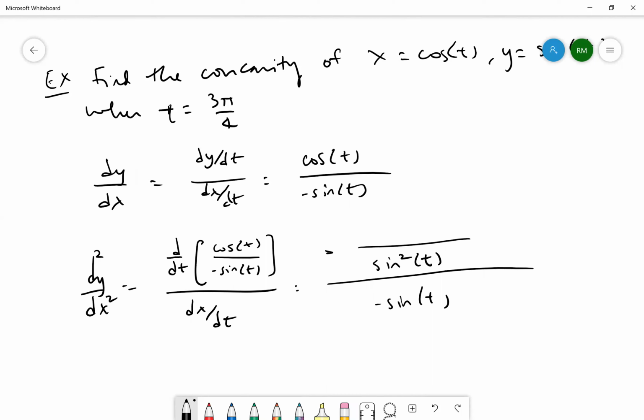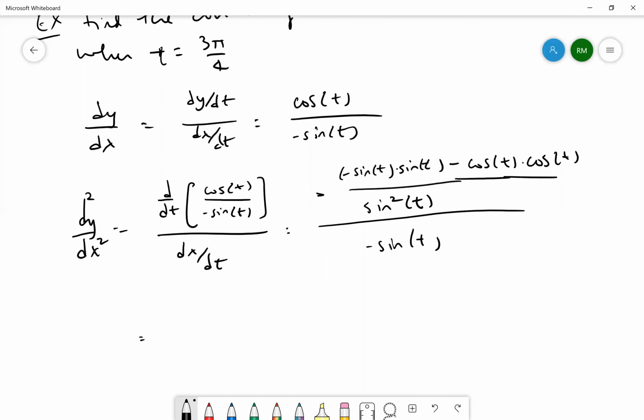And in the numerator we have the derivative of cosine, which is minus sine, times the sine of t, minus cosine of t times cosine of t.